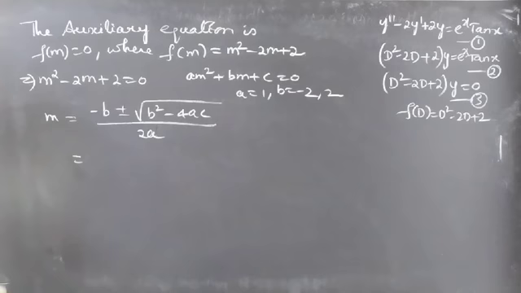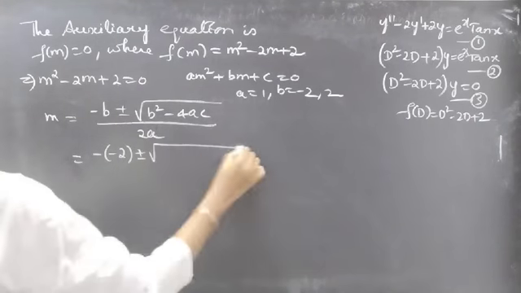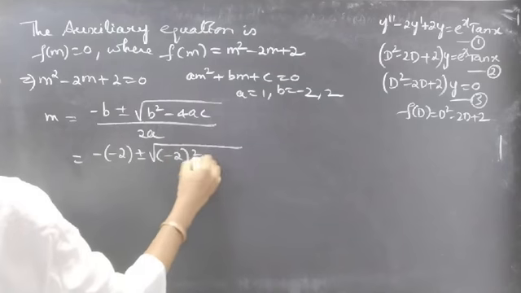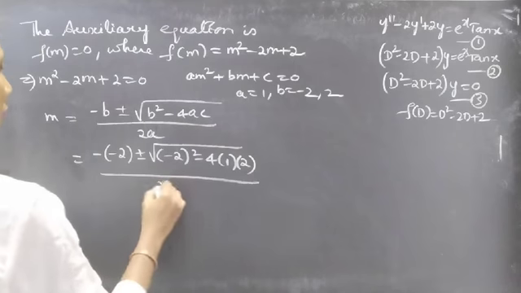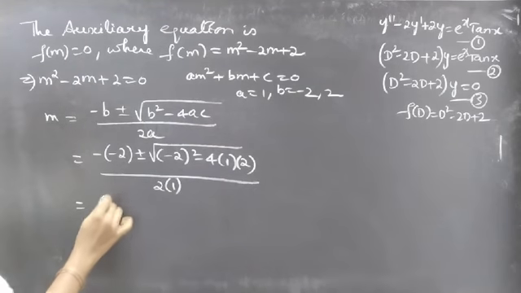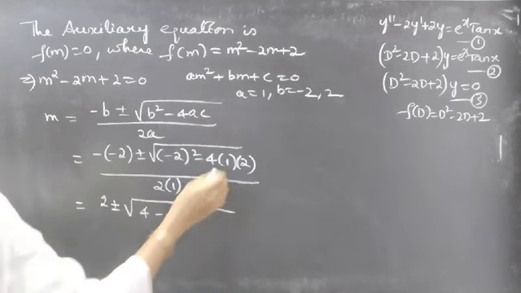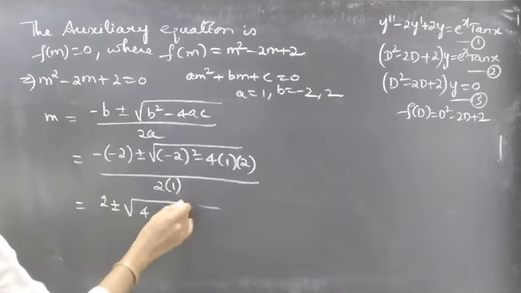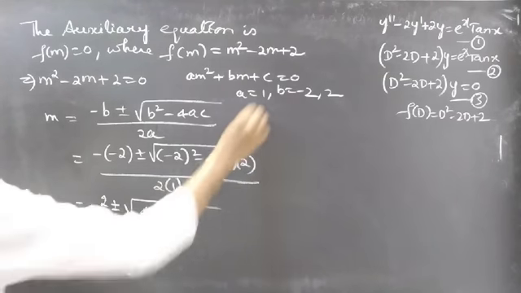Substituting in the formula, we get minus of minus 2 plus or minus square root of (minus 2) whole square minus 4 into 1 into 2, by 2 into 1, which equals 2 plus or minus square root of 4 minus 8, by 2. This is 2 plus or minus square root of minus 4, by 2.